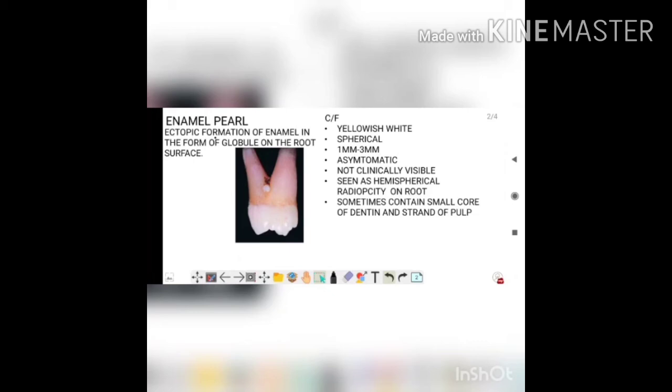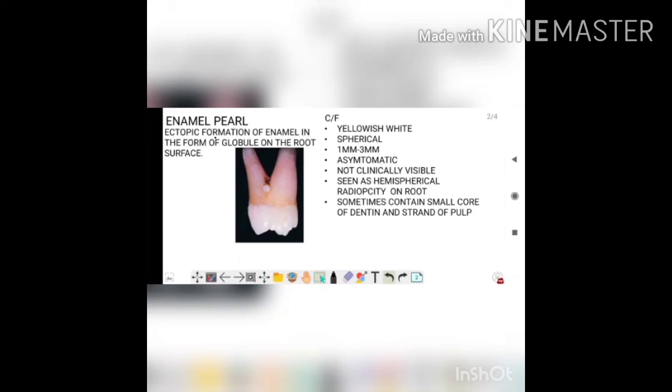Ectopic formation means at a location which is not normal. If enamel is getting formed at root surface, that is an abnormal position. Now, where is it usually located? It is located at the CEJ or in the cervical third of the root surface.